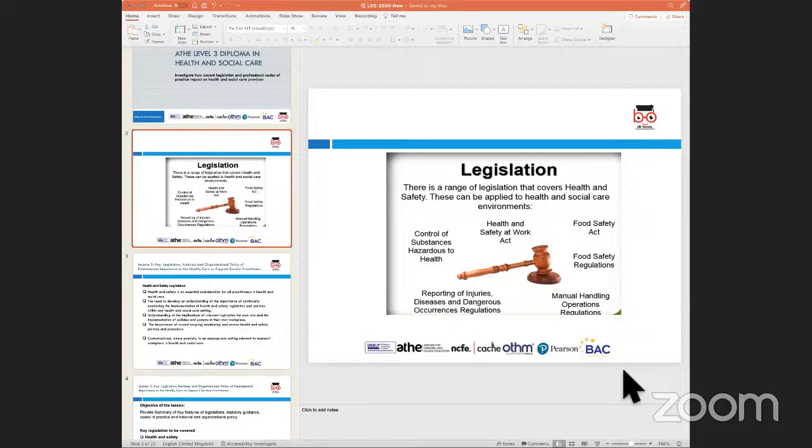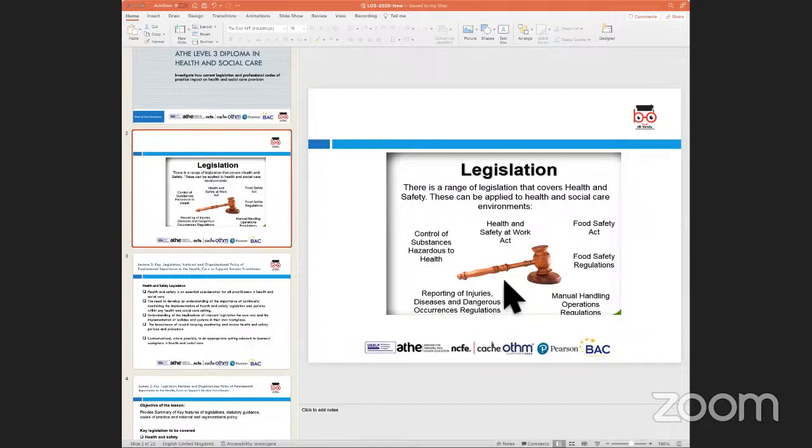The practitioners who work within this sector are then very well trained to deliver these services. That is the main aim or objective of having this legislation and the professional code of practice.